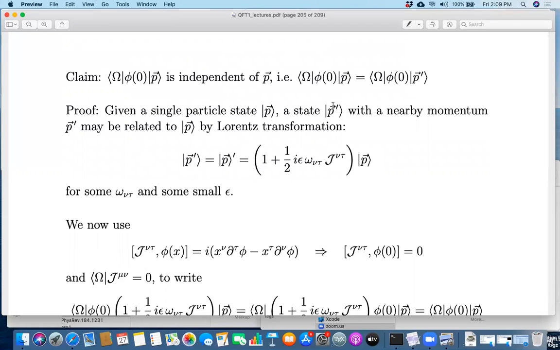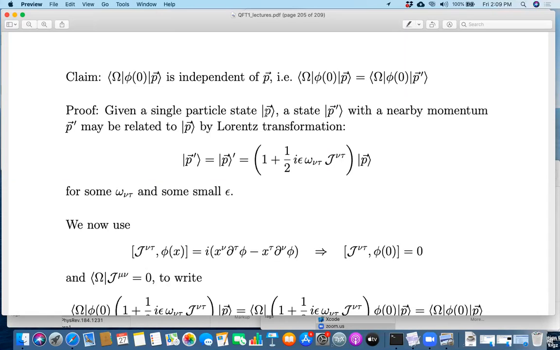Because the fact that they are single particle states basically means that the p² is the same, right, and p⁰ is positive. So if there are two vectors p and p′ for which p² is equal to p′², and if both p⁰ and p′⁰ are positive, then it follows that there is a Lorentz transformation that takes one to the other. So given two single particle states, you can always find a Lorentz transformation that takes one to the other as long as they have the same mass m_P.